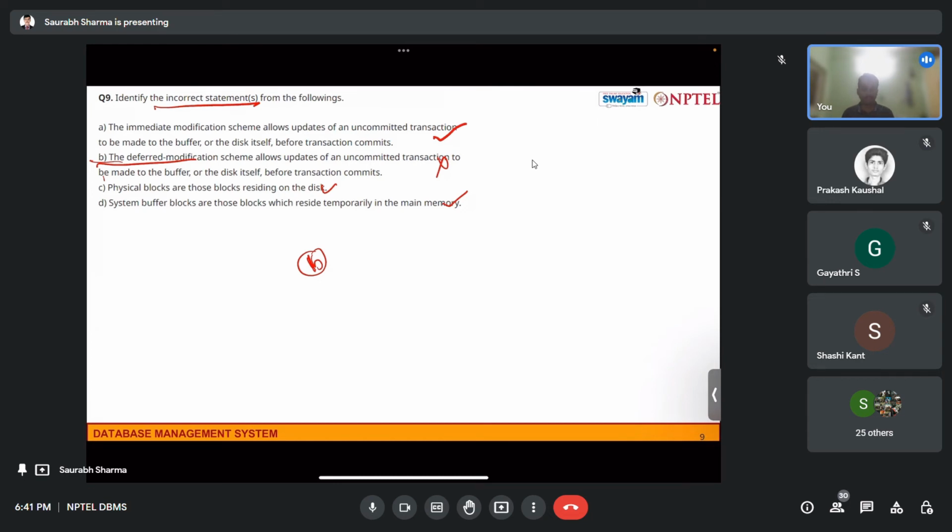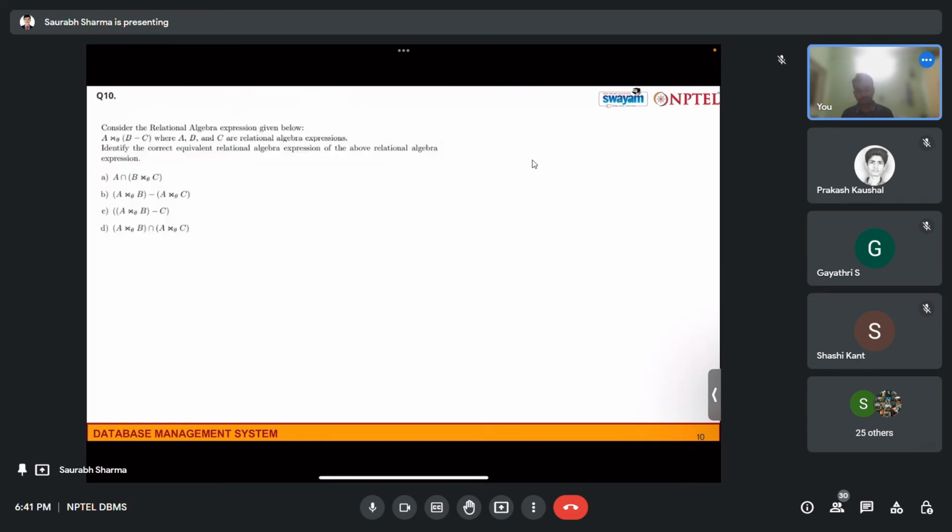This is one thing. Now coming to this one. What it is telling, to consider the relational algebra expression below, we have some join statement on B minus C where A, B, C are relational algebra expressions.